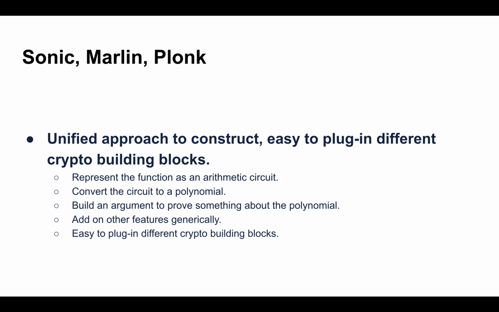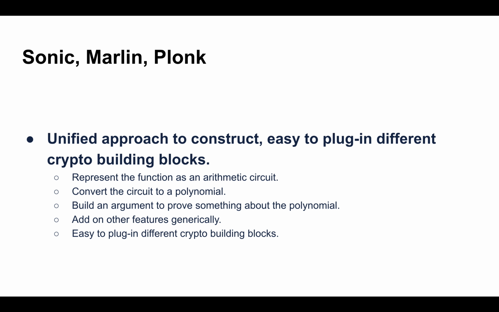First of all, they have a unified approach to construction. Basically, all of them are based on a new crypto primitive called polynomial commitment. And they can be constructed by first representing the function as a circuit, arithmetic circuit or Boolean circuit, and then we can convert this circuit to a polynomial.